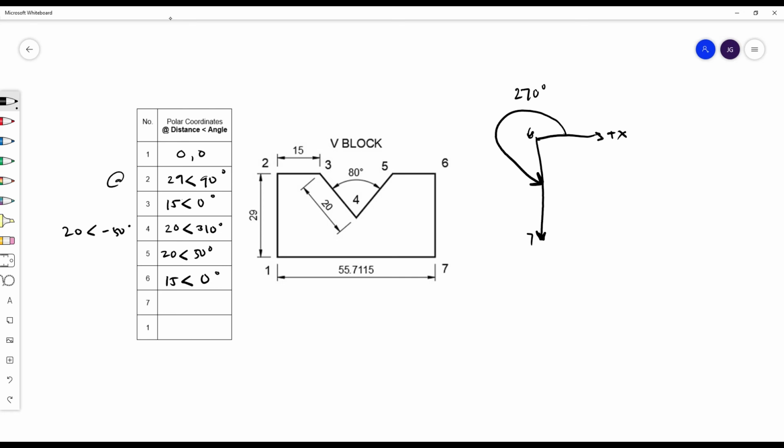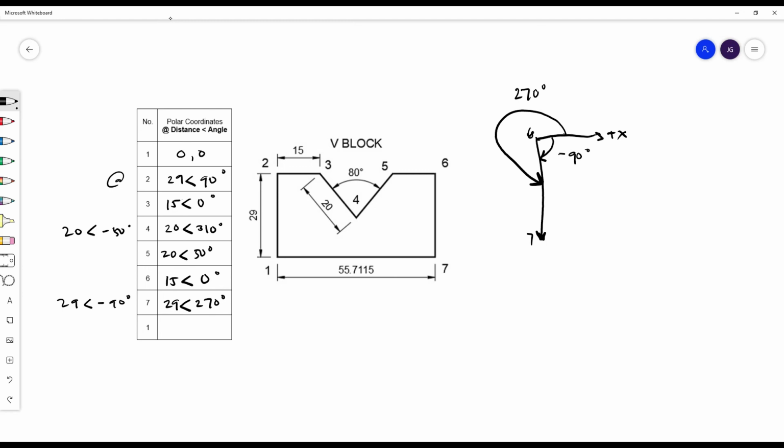Again, you can use the negative angle, which is negative 90 degrees. So your point is 29 with an angle of 270 degrees, which means this is also 29 with an angle of negative 90 degrees.